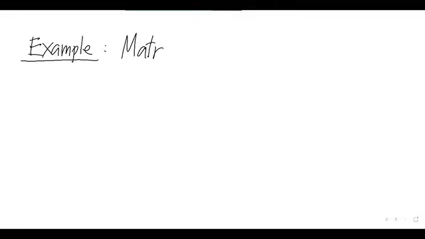So let's describe it. We will write it as Mat, and we will put a subscript here to be the field or the ring from which the entries of the matrix come.